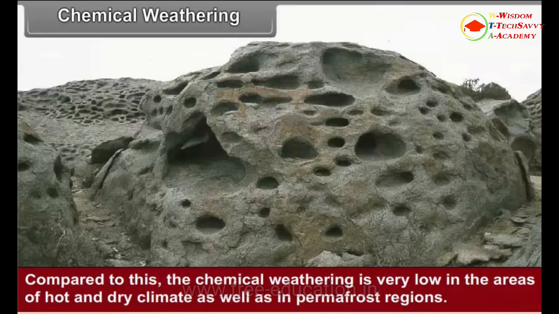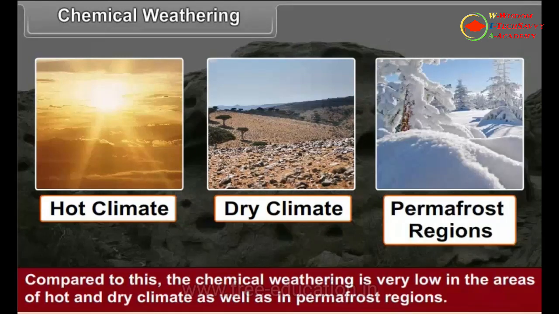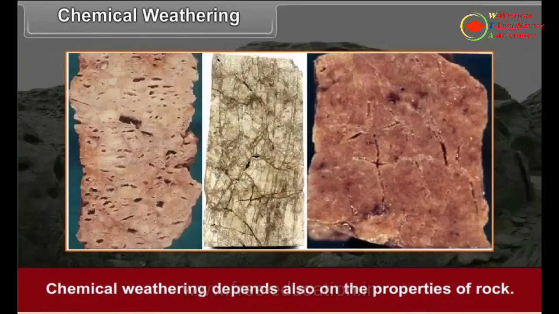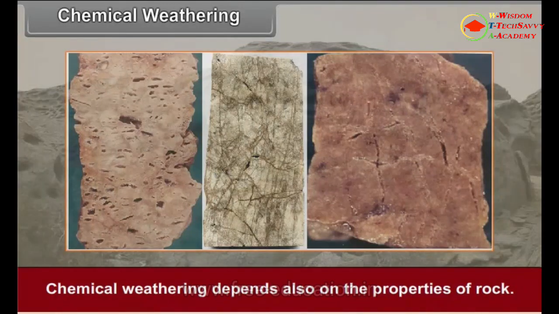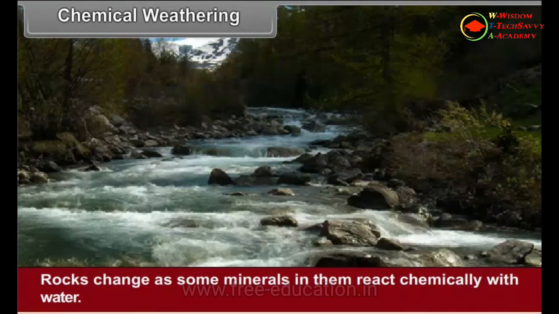Chemical weathering depends also on the properties of rock. Rocks change as some minerals in them react chemically with water. In other words, the rock gets decomposed and consequently its properties also change. For example, the carbon dioxide in the atmosphere dissolves in rainwater and this leads to the formation of mild carbonic acid.